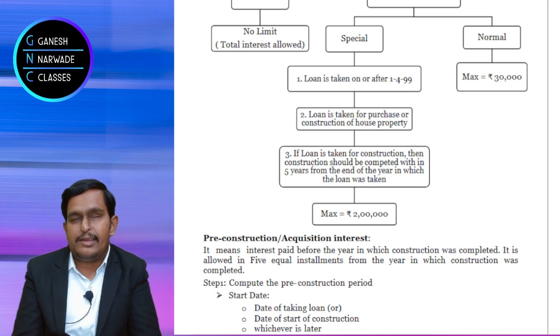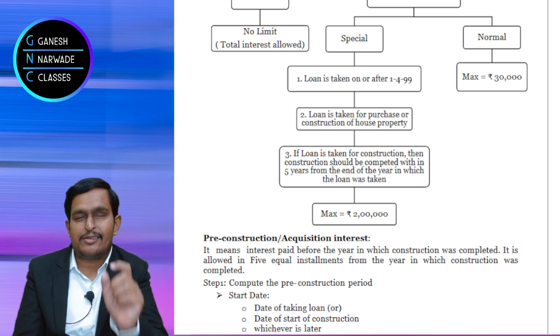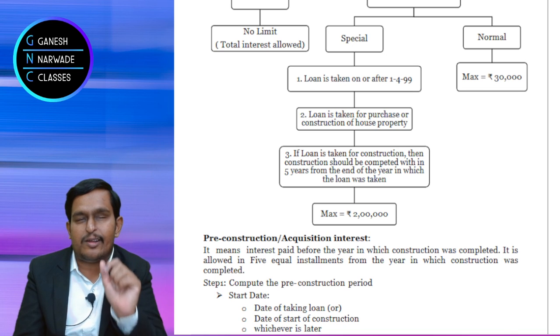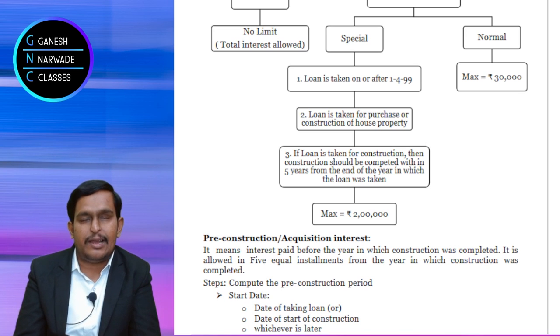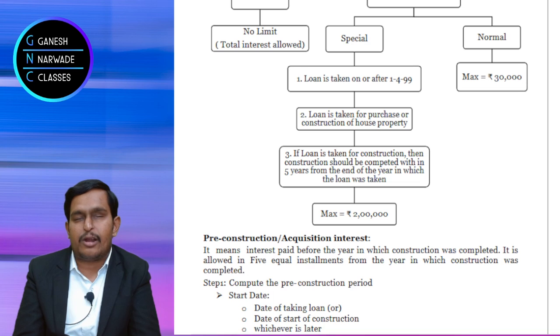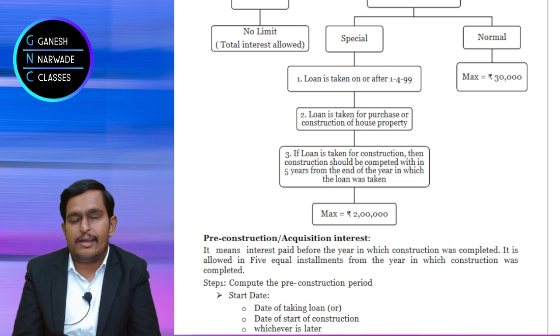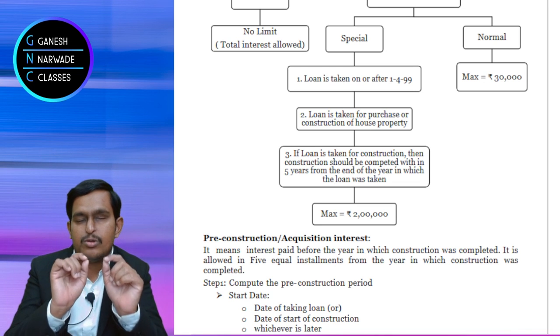Then the maximum deduction you will get is 2 lakh rupees. That means your actual interest or 2 lakh rupees, whichever is lower, will be allowed as deduction. In all other cases, suppose the loan was taken before 1st April 1999, or for repair or renovation, or construction not completed within 5 years, these are covered under others, and the maximum deduction of interest is 30,000 rupees.